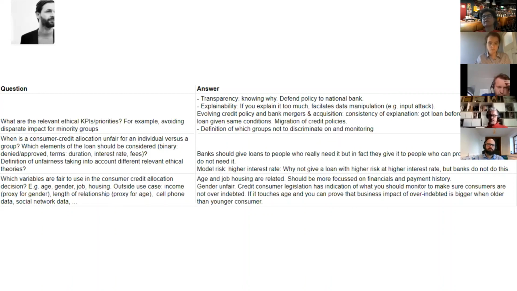However, if you can prove, for example, that the business impact of being over-indebted is bigger when you're older than when you're younger, it would make sense that you would be allowed to use age as a variable in that specific case. So it's a question of when you can use certain variables. Maybe for older customers, beyond a certain threshold, it's worthwhile to have a separate model for those people, because you know they have a bigger risk.